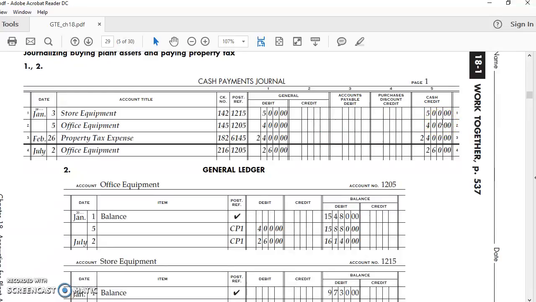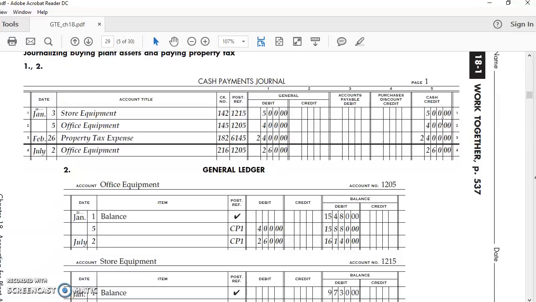Our next transaction is February 26th. We paid property taxes on real property with an assessed value of $800,000. The real property is assessed at $800,000, and the tax rate for this city is 3% of the assessed value.